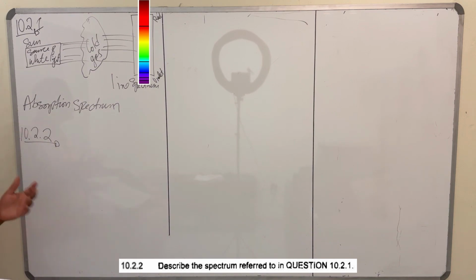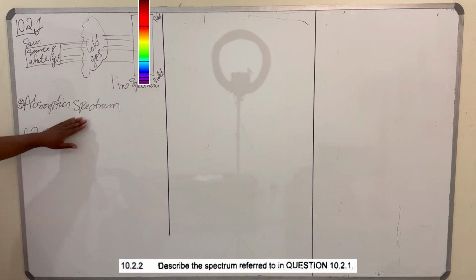Just for your own benefit, I'll first define what an absorption spectrum is. An absorption spectrum is the type of spectrum that is observed when a range of electromagnetic wavelengths are passed through a substance, or maybe a gas, as in this case, and some specific frequencies are absorbed by the gas.